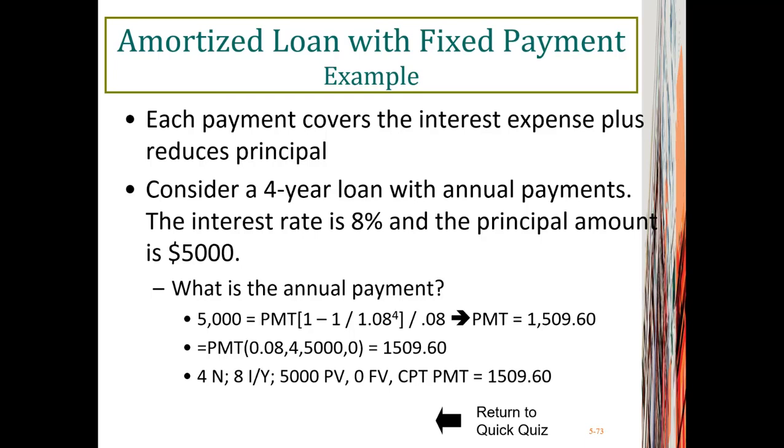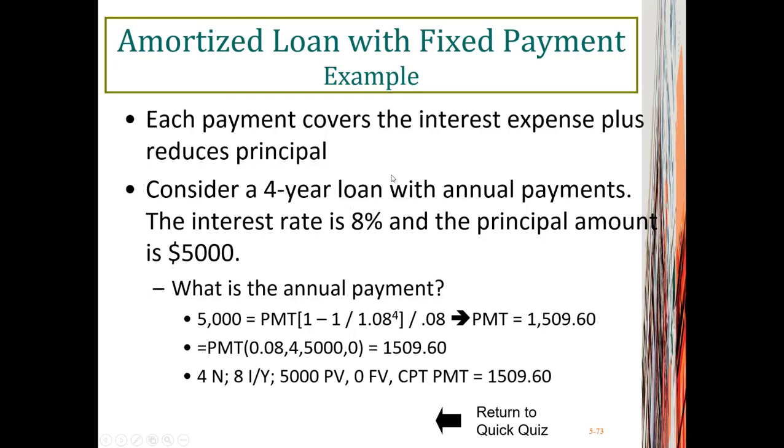In the later years, since most of the principal has been paid, the interest amount will decline to a lower level. So you pay more money for principal reduction than interest payment. So although monthly payments are an equal amount, the interest payment and the principal payment are very different for different periods.